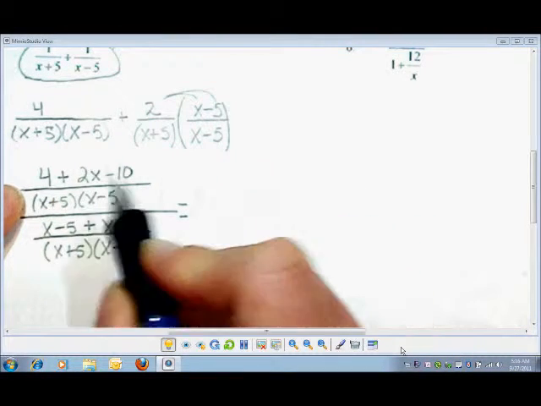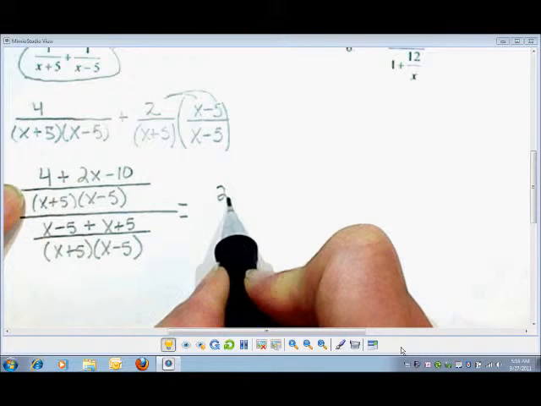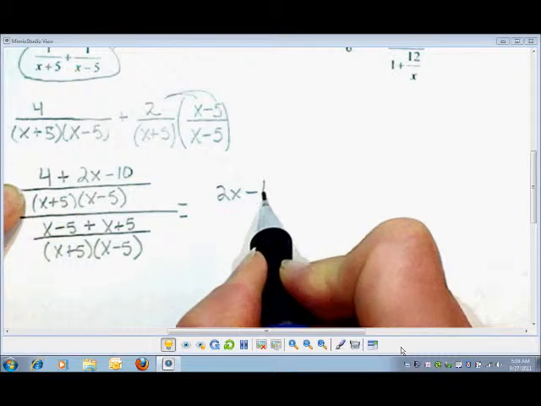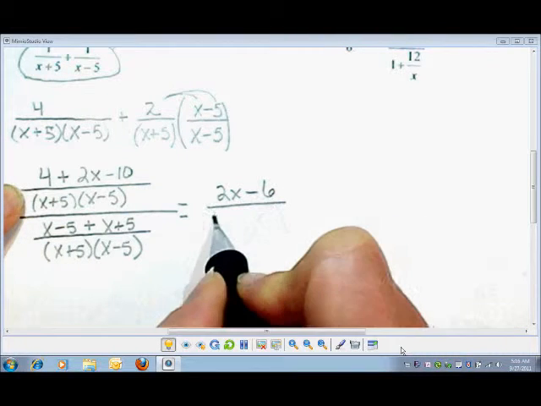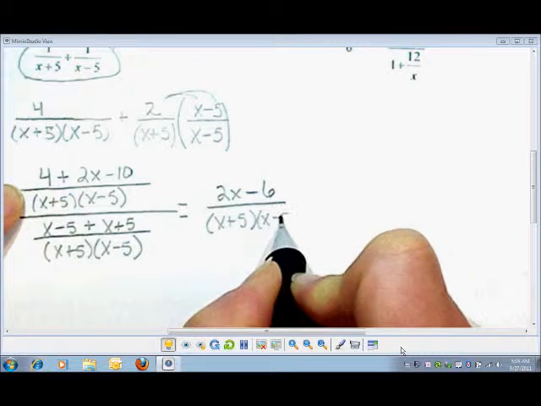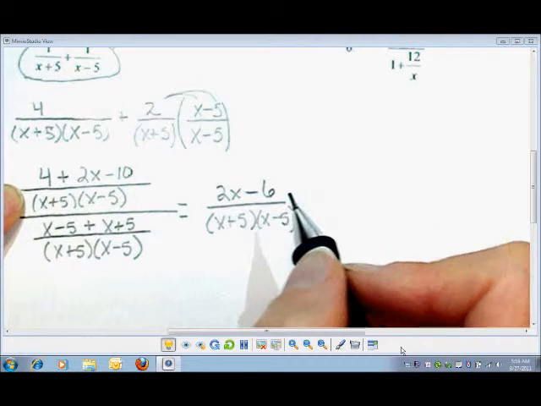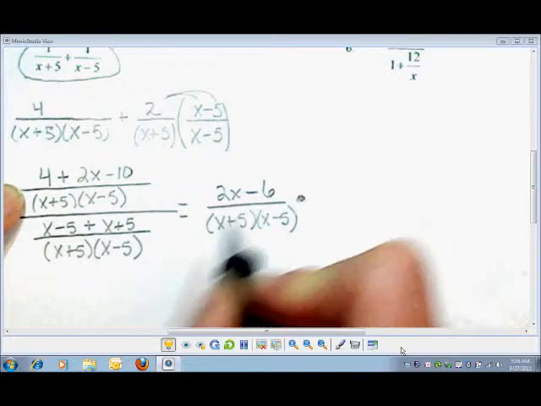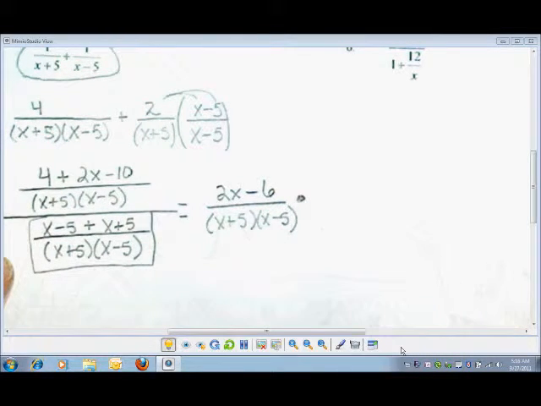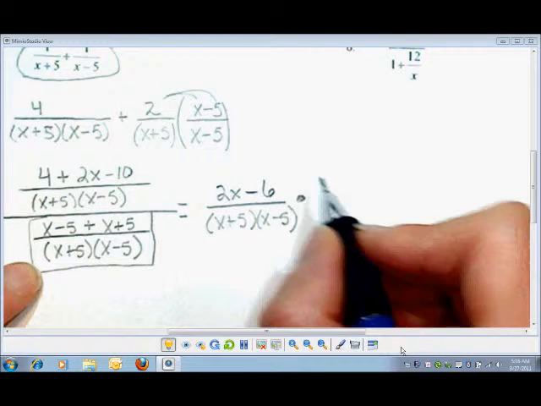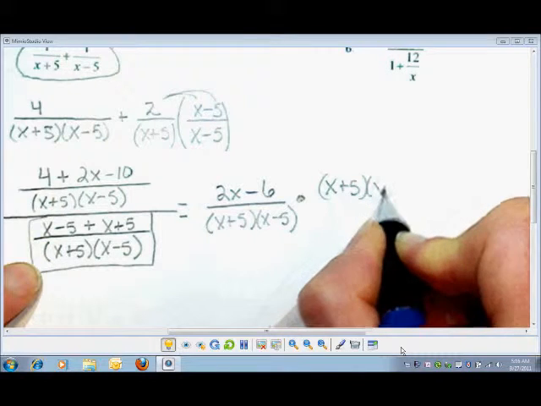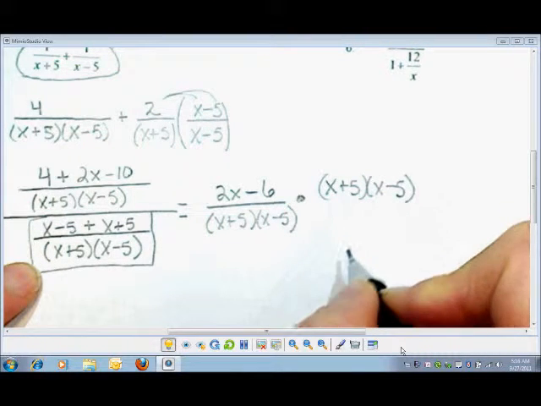This is the same as 2x, negative 10, and 4 is negative 6, divided by x plus 5 times x minus 5, multiplied by the reciprocal, or the inverse, of my denominator, which means that x plus 5 times x minus 5 goes in the numerator.